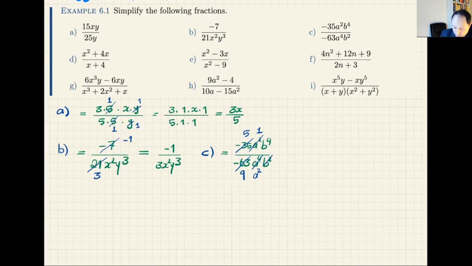And then this b squared by b squared is 1. Here, b squared is left. To fix this mess, let me write everything clearly. I am left with 1, 5, 1, 1, and b squared. In the denominator, I am left with 9, a squared, and 1. So if I want to write it simpler, I would write 5b squared divided by 9a squared. So that is part C.